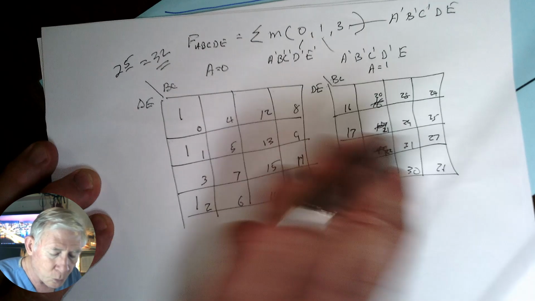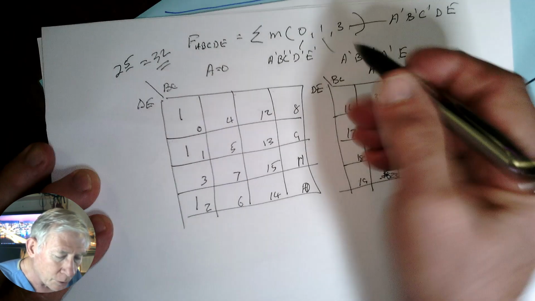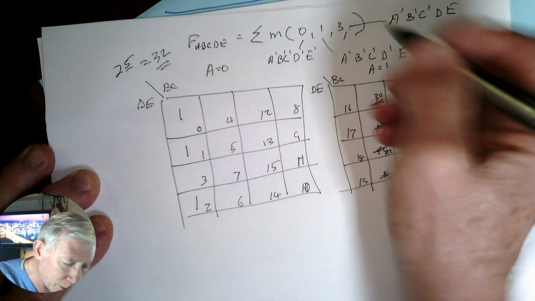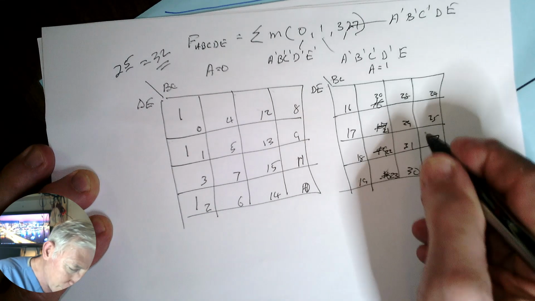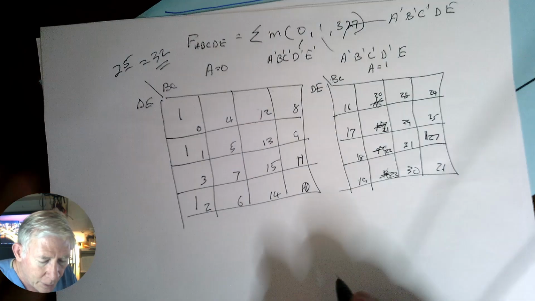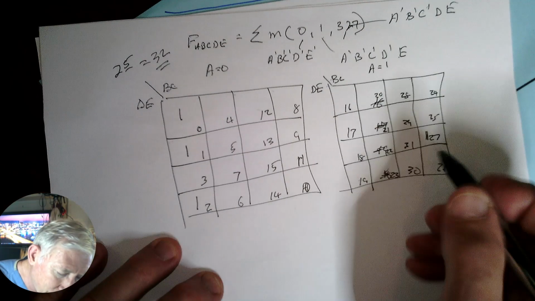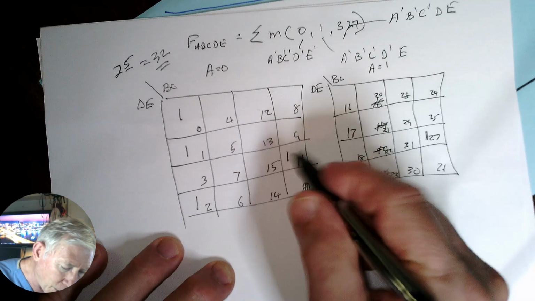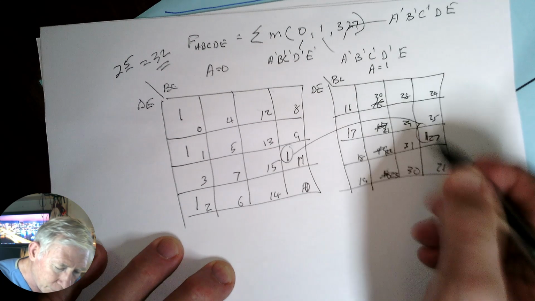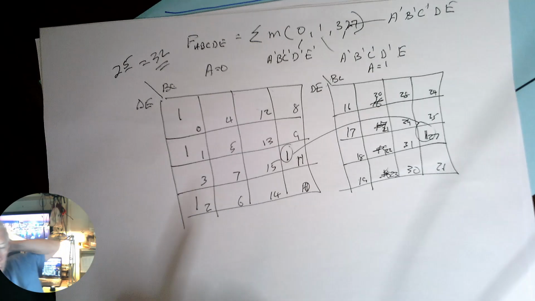So you can figure out which terms you have. If we also had minterm 27, then we'd have to put a 1 here. Now, if you also had minterm 11 here, you could combine these. You could do a little loop-de-loop like that, or you can use colors or other ways to do it.